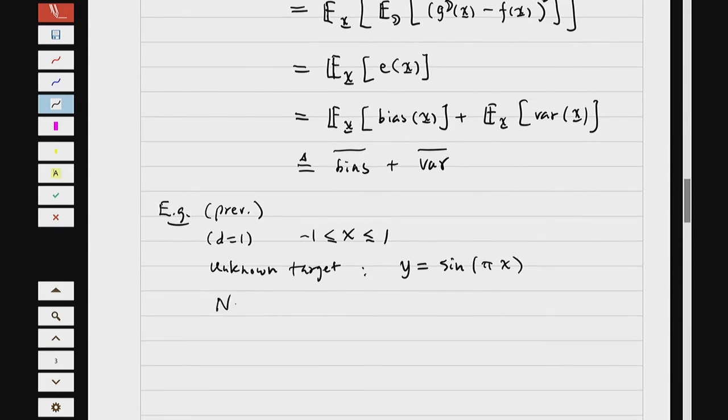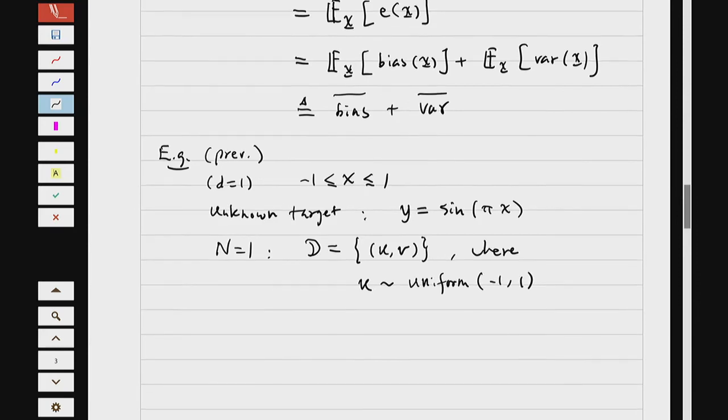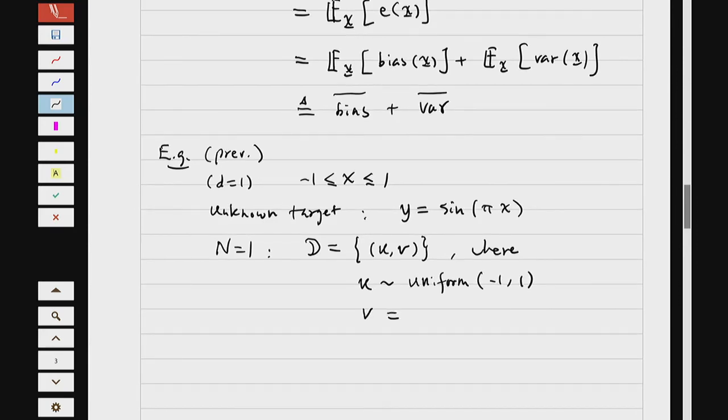But in this very simple toy example, we only have a small training set, so that we can do some simple analysis by paper and pencil. The location of the data point is uniform between -1 and 1, and the label of this data point is simply given by this target function.